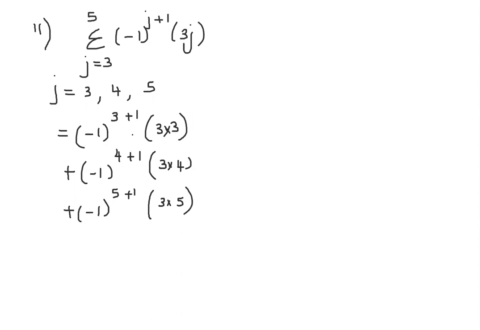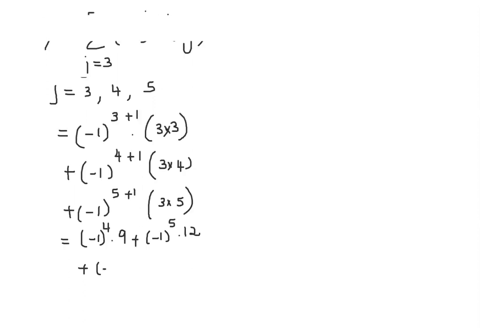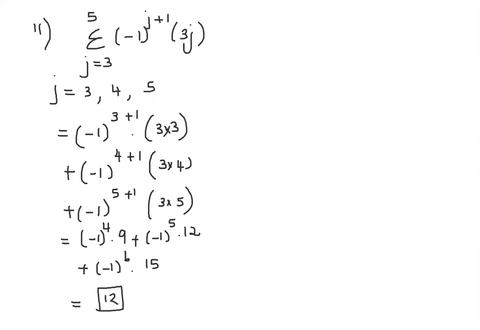So enter it on your calculator. It's going to be negative 1 to the power 4 times 9 plus negative 1 to the power 5 times 12 plus negative 1 to the power 6 times 15. So you will get 12 when you use your calculator.